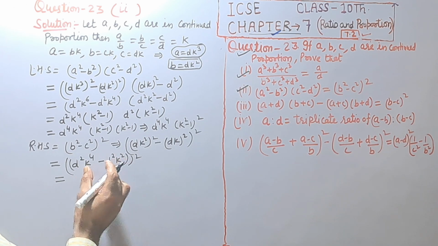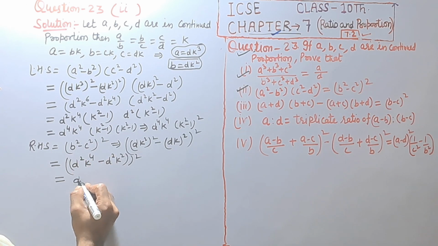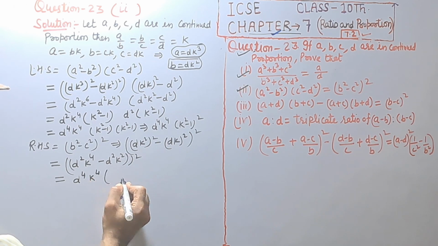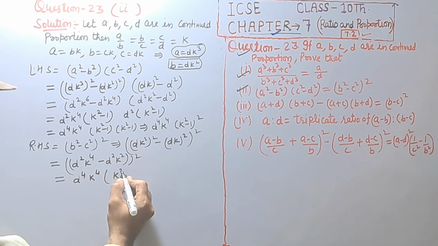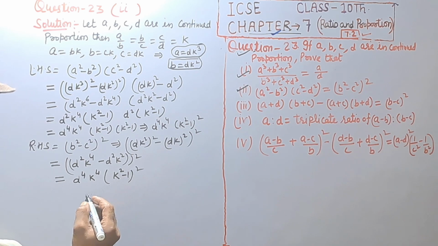we are taking common d square k square whole square, that is d raised to power 4 and k raised to power 4 in bracket k raised to power 2 minus 1 whole raised to power 2.